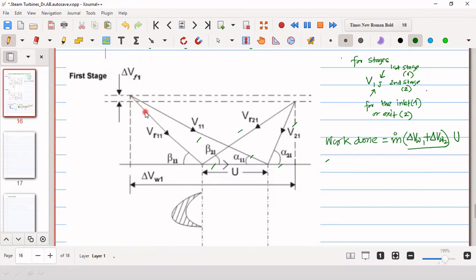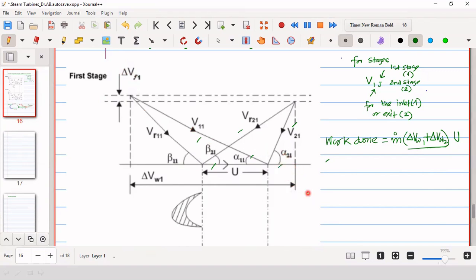At the inlet the steam is entering with Vf1, and at the exit of the blade it is leaving with some kinetic energy or some momentum in that direction. Therefore, effectively, the balance that it has given on the wheel is the difference of this minus this.